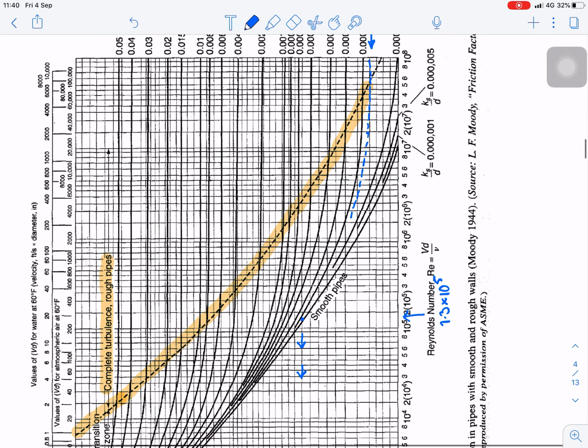Oh, that is the wrong one. That is not the correct point. The number should be somewhere at 10 to the power 6. Okay, somewhere here.